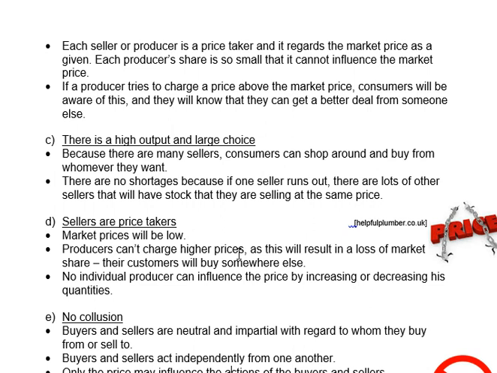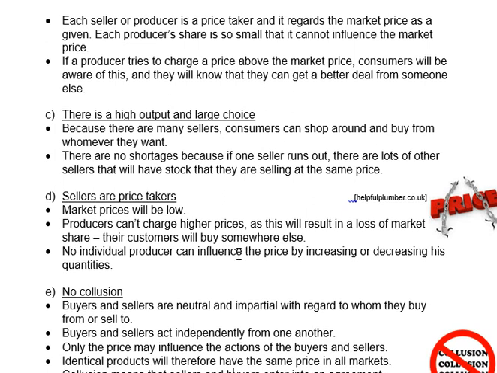They know there are many other sellers selling the exact identical thing that I am selling. So they know they can get an identical product from somebody else at the market price, which is lower. So if I think I'm being clever and I try to charge a higher price, I will literally lose all of my consumers, because they are aware that there are many other producers they can buy an identical product from at a lower price than what I am selling for.